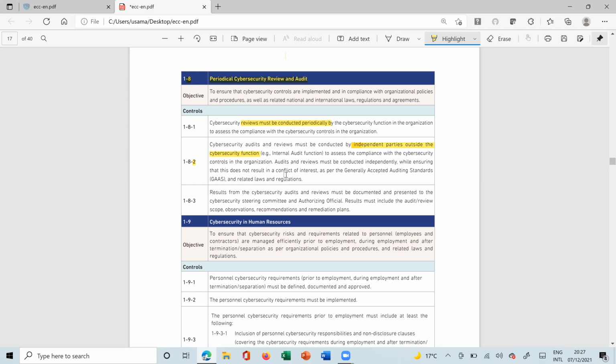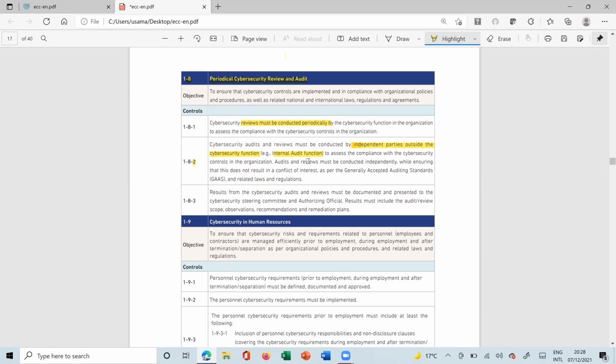No, it's still an internal audit. But we mean that it is not the IT department. It's not the security team. I will not audit myself. There should be a separate, dedicated, independent entity which will be responsible for the internal audit.